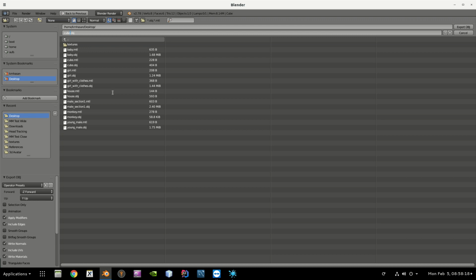Last semester, I made some changes to this default setup because we were using it for a different purpose. So I had write normals checked and include UVs checked. If you have them checked, it will write some extra information. If you don't have it checked, you won't have that information here. So this is a simplified version. By default, that's the setup you get.